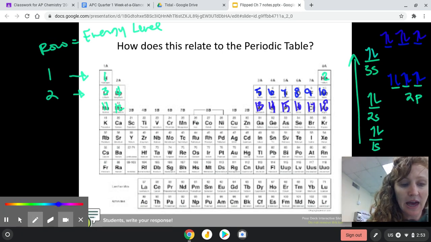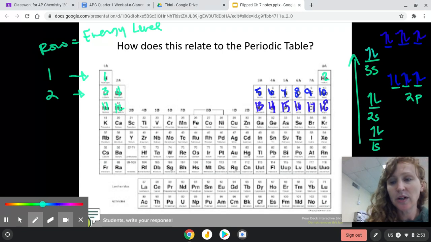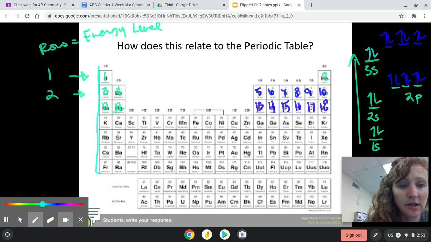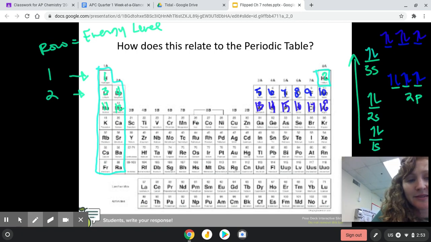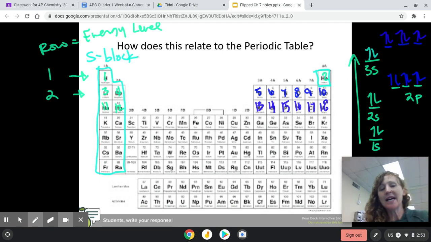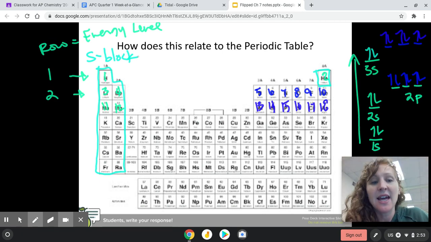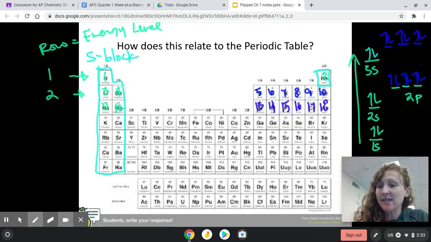Everything in the s orbital, you'll notice, is collected into one area. So this, remember from chemistry, is called what again? It's your S block, right? And notice that S orbitals can hold 2 electrons.